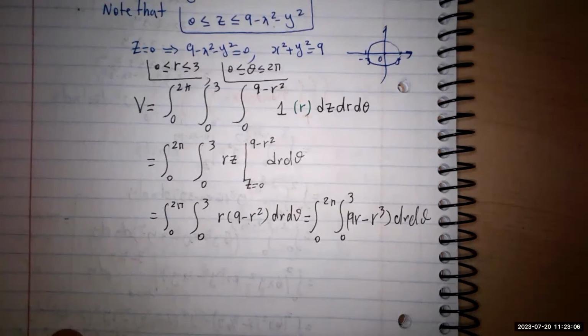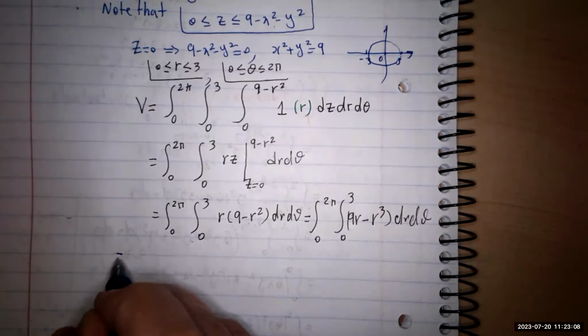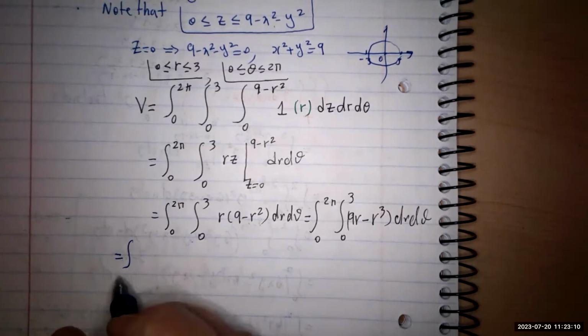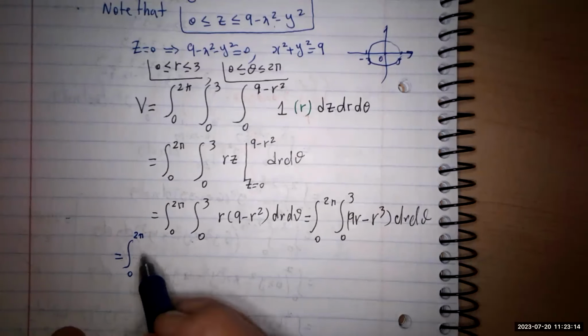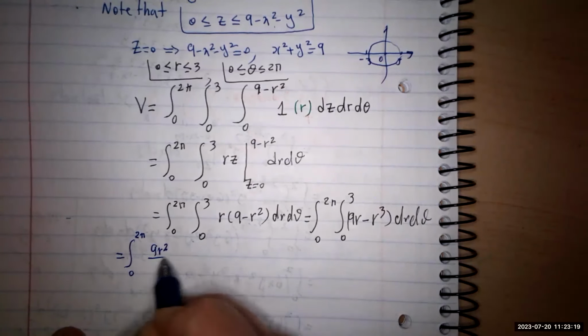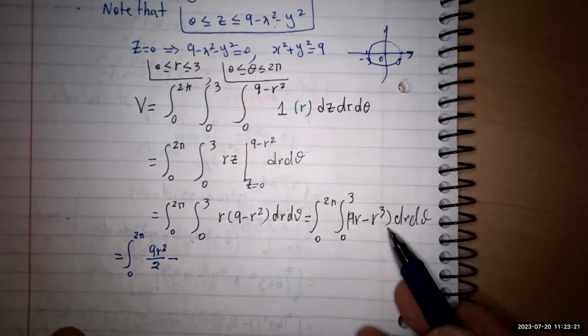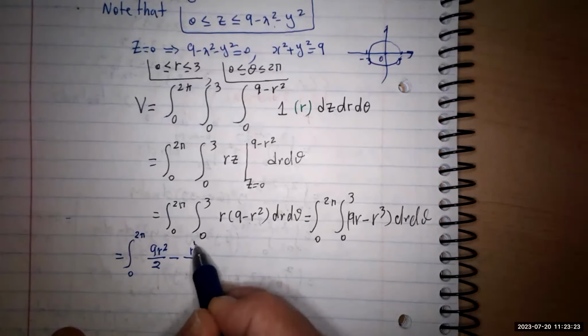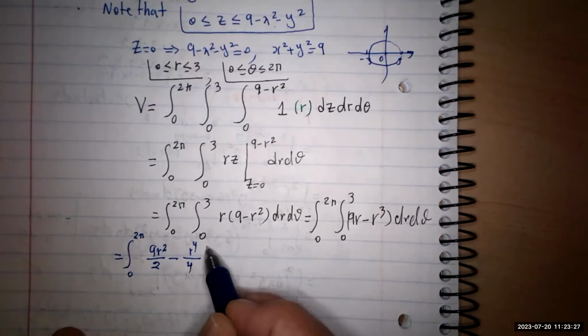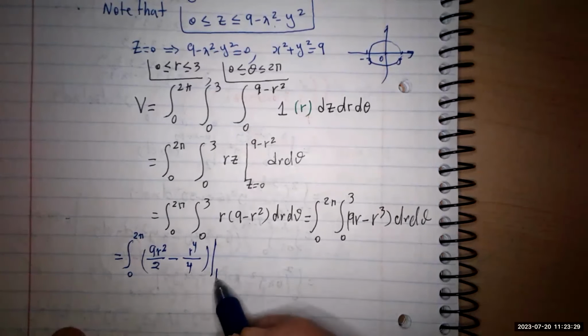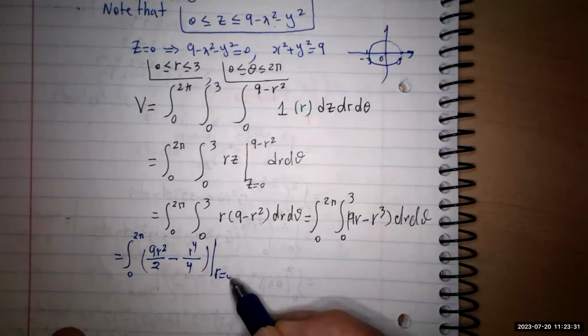Okay, integrate with respect to r. 9r squared over 2, and that's the other one. So it's going to be equal to, integrating with respect to r, 0 to 2 pi, 9r squared over 2 minus r to the 4th over 4, with r going from 0 to 3.